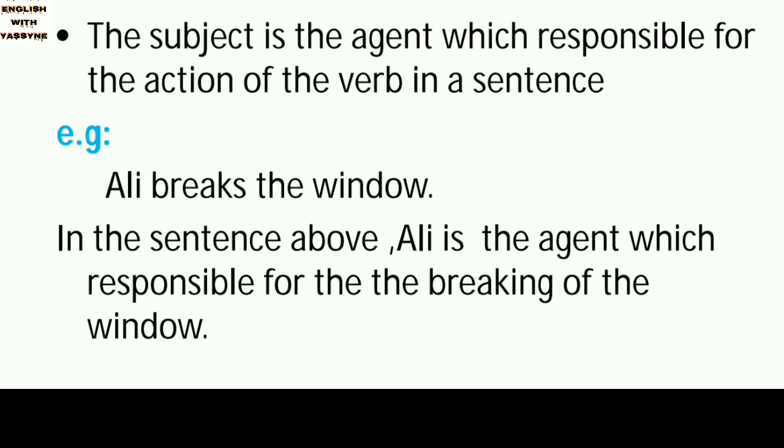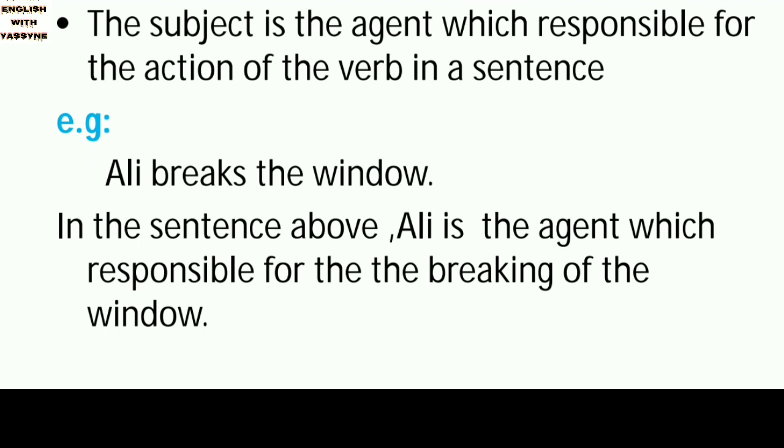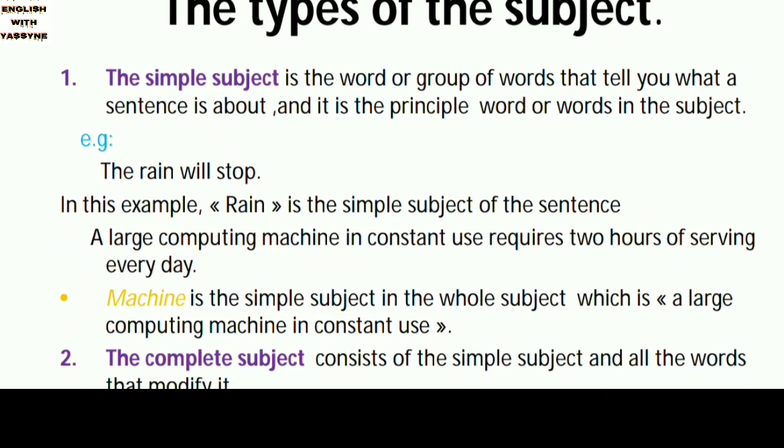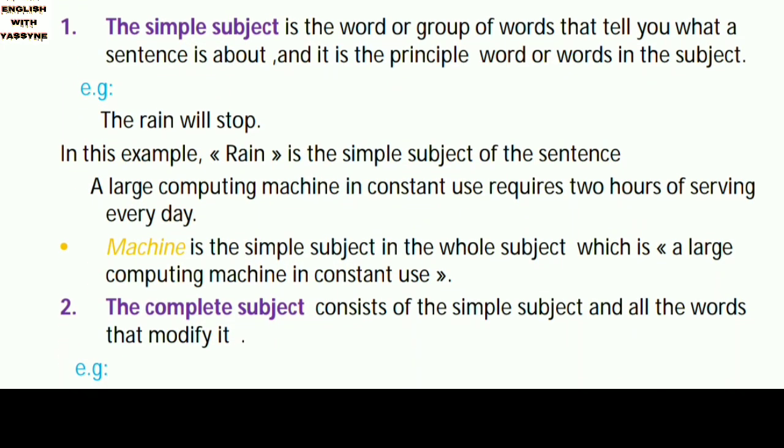You got it? So in the sentence above, Ali is the agent who is responsible for the breaking of the window. So let's move on to the types of the subject.